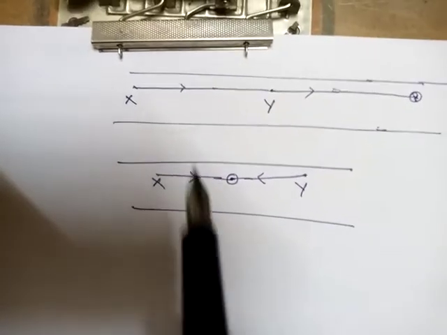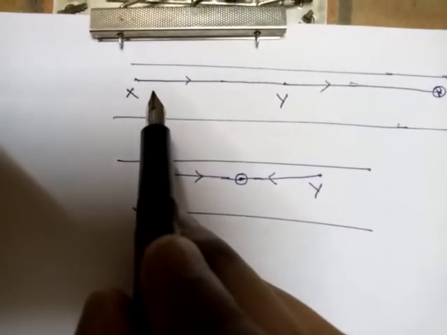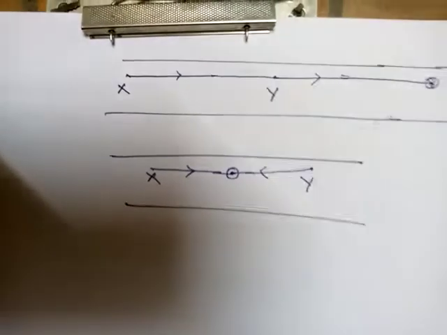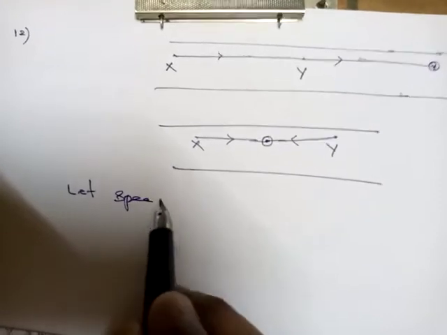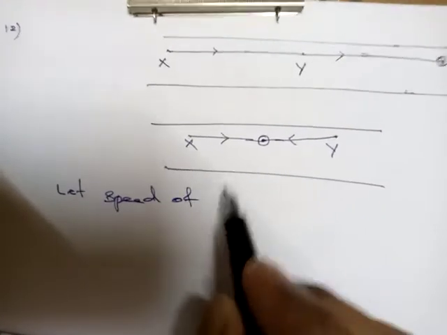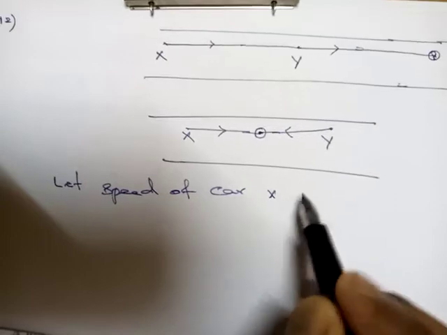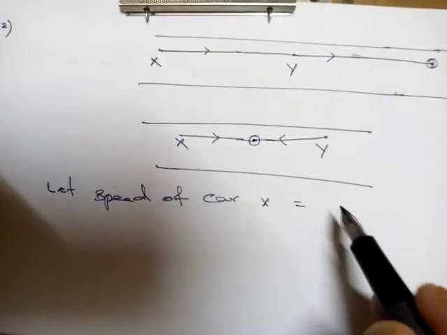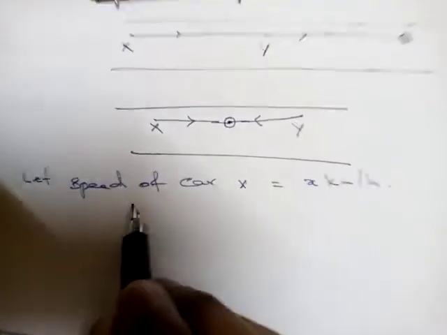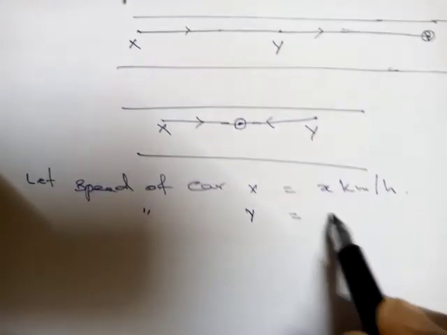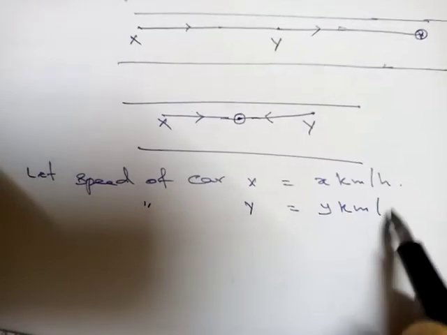So here I don't know what is the speed of this car, x and y, I don't know. So I am taking, let speed of car x be equal to x kilometer per hour. Speed of car y is equal to y kilometer per hour.